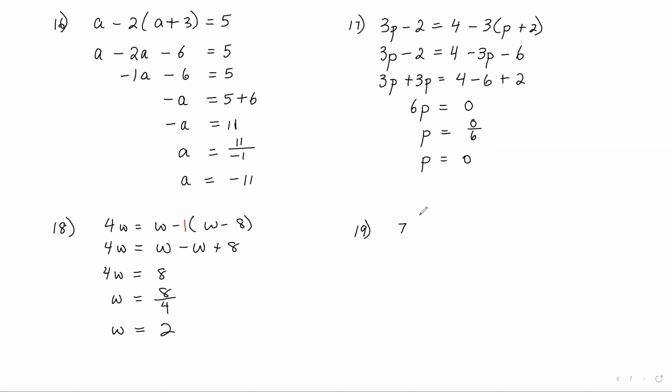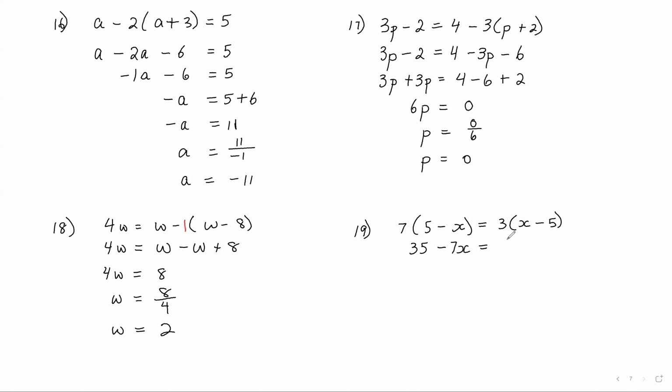Let's look at 7 by 5 take away x is equal to 3 by x take away 5. All right, Jenny, let's remove the brackets. 7 by 5, which is 35, minus 7x, perfect.